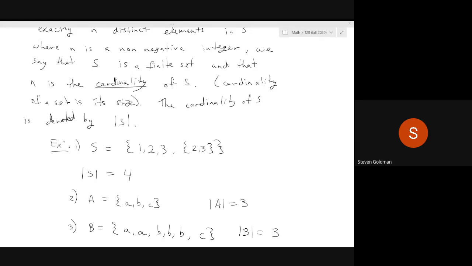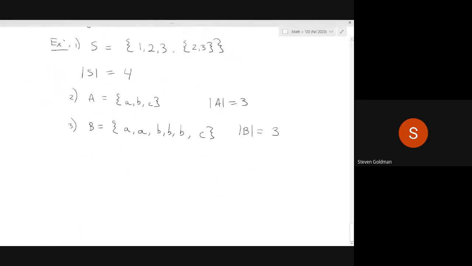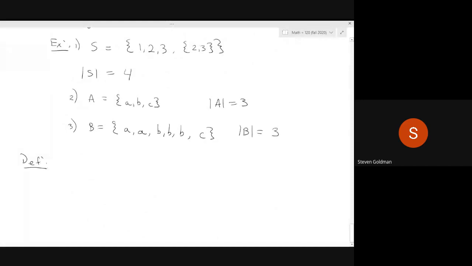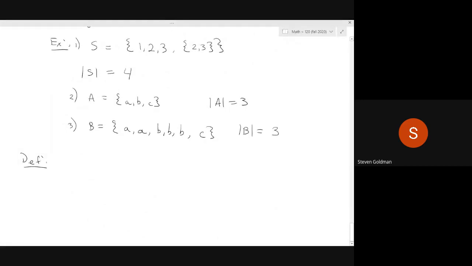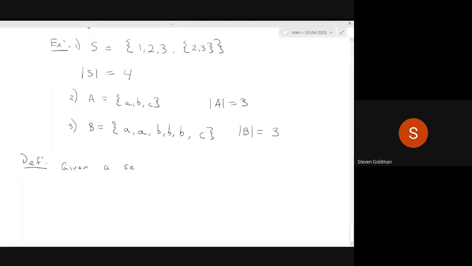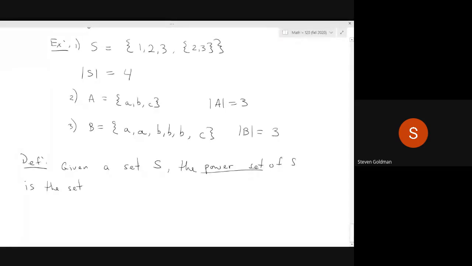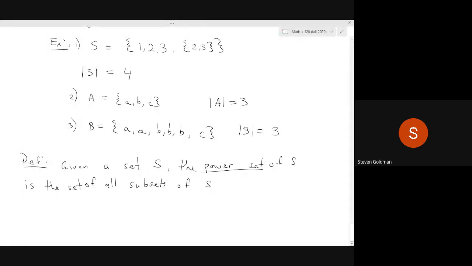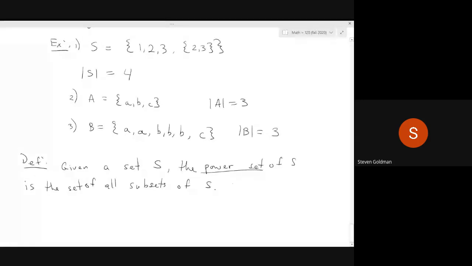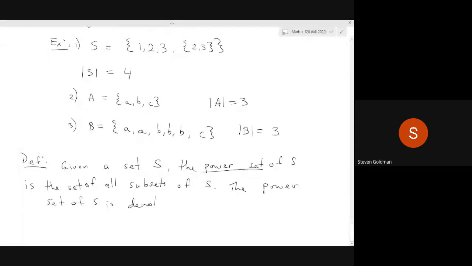All right. Let's also discuss what a power set is. Let me give you the definition for a power set of a set S. Given a set S, the power set of S is the set of all subsets of S. The power set of S is denoted by P of S. So P of S is a set.